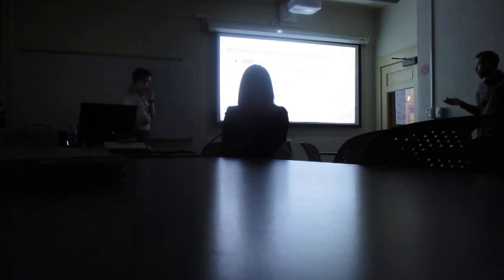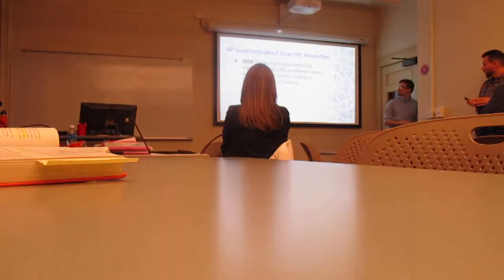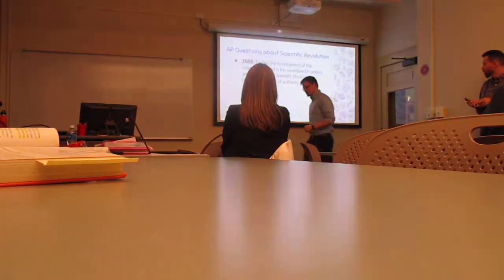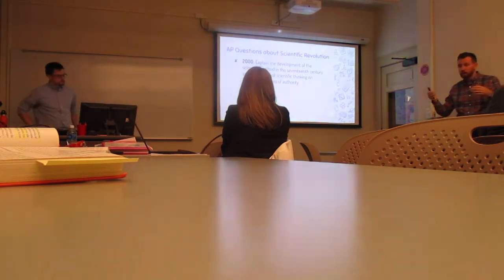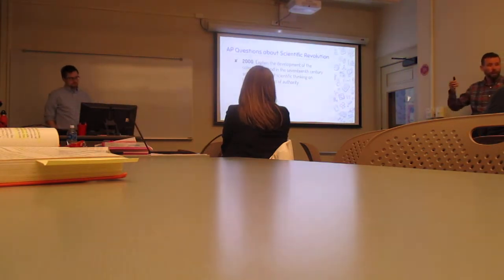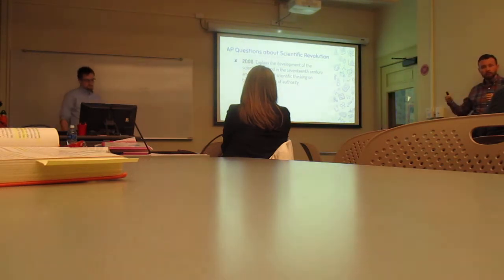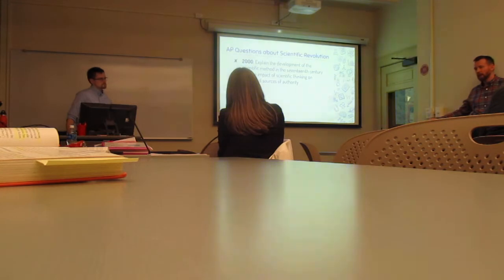In 2000, on the AP exam, there's a question: explain the development of the scientific method in the 17th century and the impact of scientific thinking on traditional sources of authority. Certainly with the familial relationships there, you could read into this idea of old authority and new. That's something that we discuss more in class and have more to be able to embed into that image.